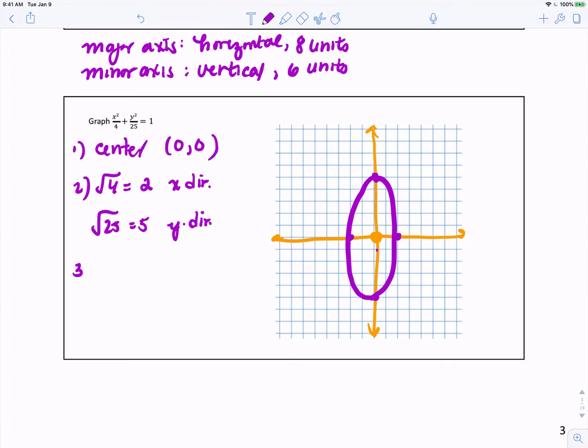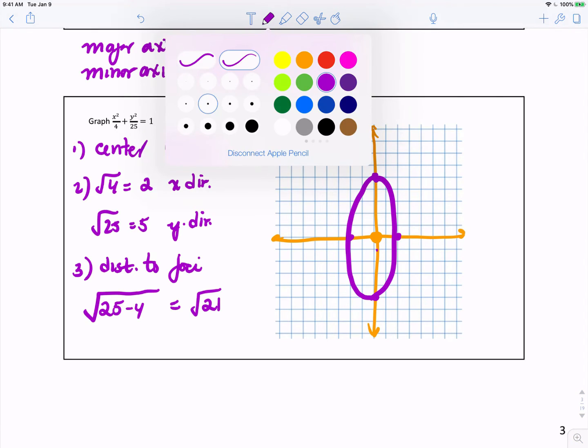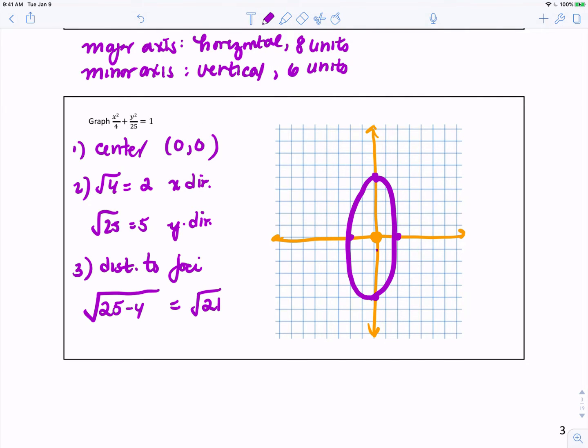All right, the last thing we'll do is find the foci. So the distance to the foci is the square root of the difference of the denominators. So if we take 25 minus 4, we're going to have the square root of 21, which is somewhere between 4 and 5. So let's graph the foci. 1, 2, 3, 4, and a little bit, there's one out there. 1, 2, 3, 4, and a little bit more, there's one out there.